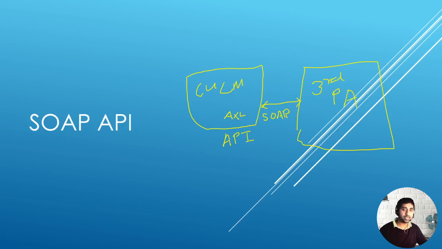Along with SOAP, to define the web services, there is something called WSDL. This is also a specification, called the Web Services Description Language. So WSDL, Web Services Description Language, is also used to provide the communication between the CUCM and the third-party application.